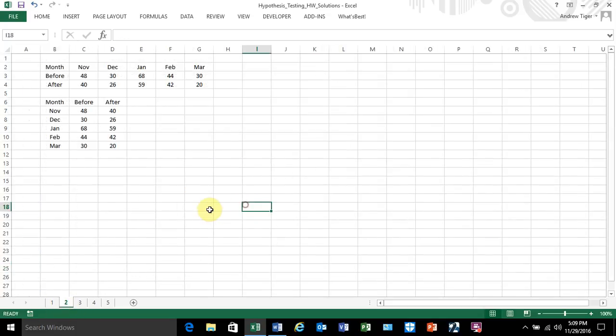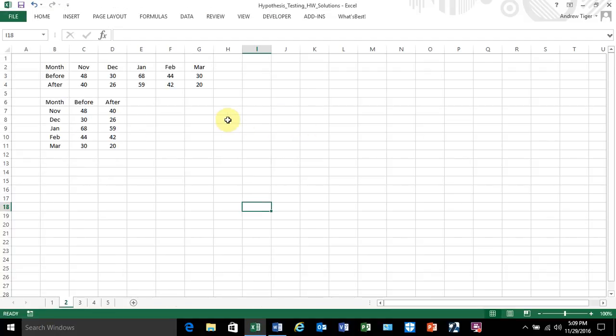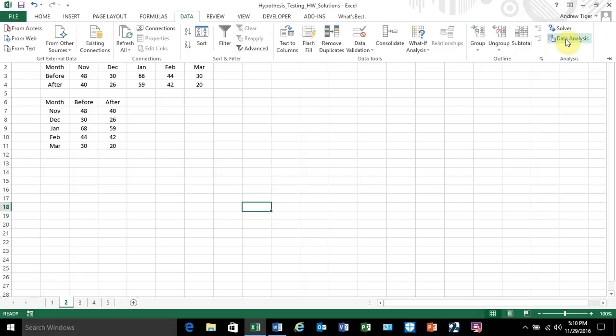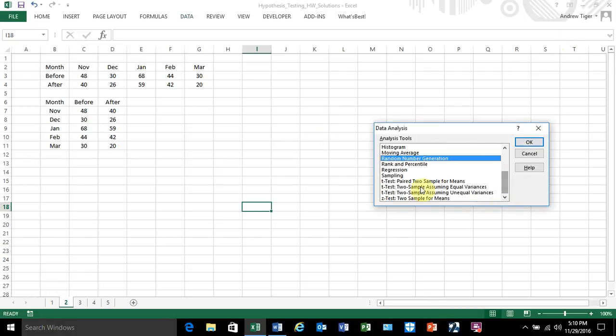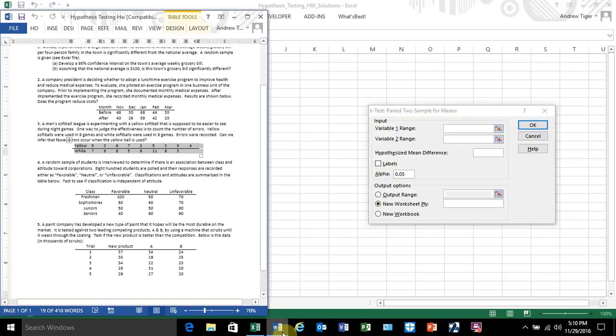Problem 2 is a before and after question. A company president is deciding whether to adopt a lunchtime exercise program. We have a before and after, and it's the same group of people, so we're going to use a paired t-test. If I go under data analysis, do a t-test paired, in the variable 1 range, let's see what it's asking, medical expenses.